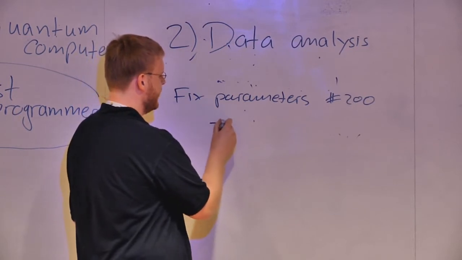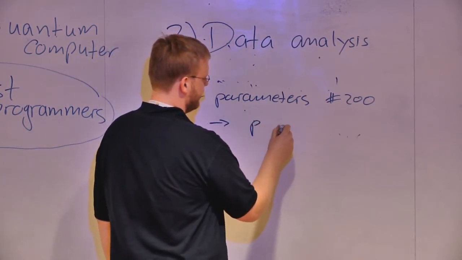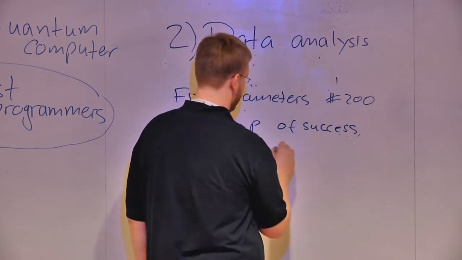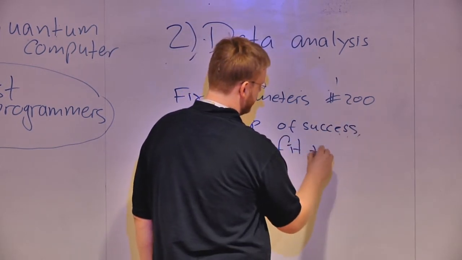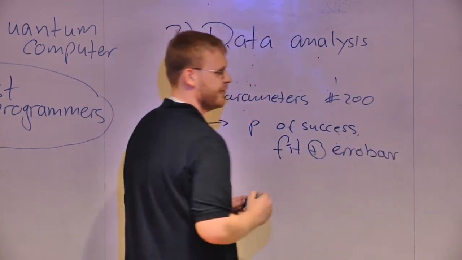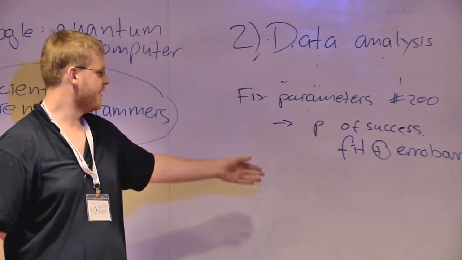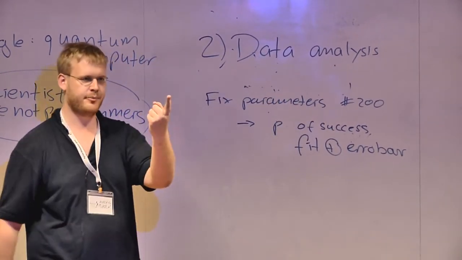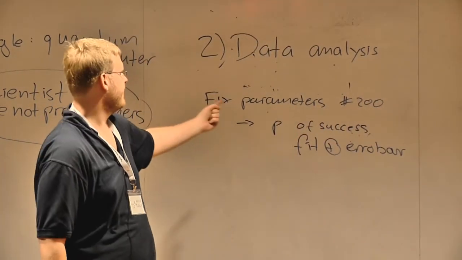And then what we bin is the probability of success. So we fit this histogram using the SciPy universe, like NumPy, SciPy, and so on. We fit this, and we get a single probability out for a certain set of parameters.